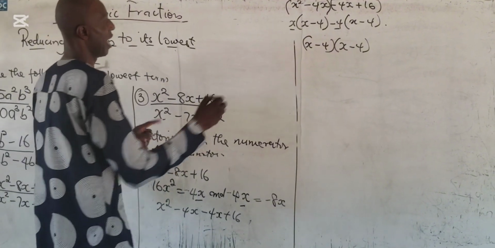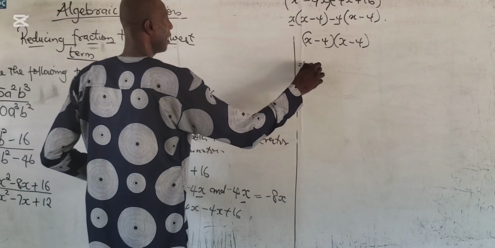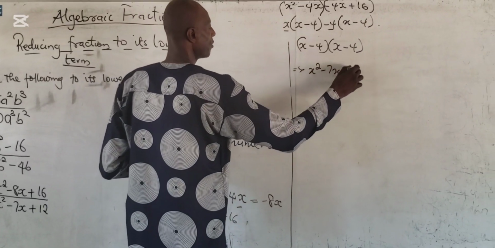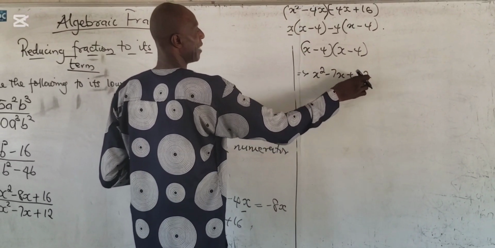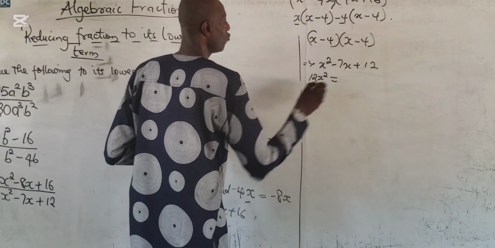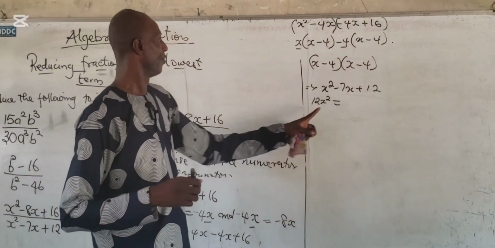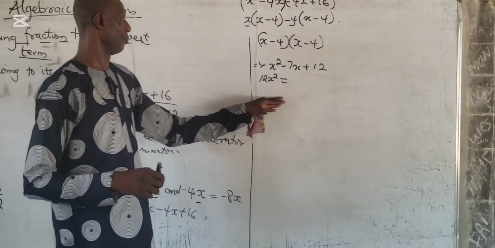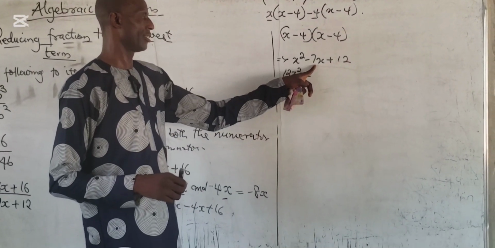The denominator, which is now x squared minus 7x plus 12. I will use the last term again to multiply the first term, which will give us 12x squared. The two numbers you multiply that will give you 12. I can say 6 times 2. If I say minus 6 and minus 2, that gives us minus 8. It will not work.